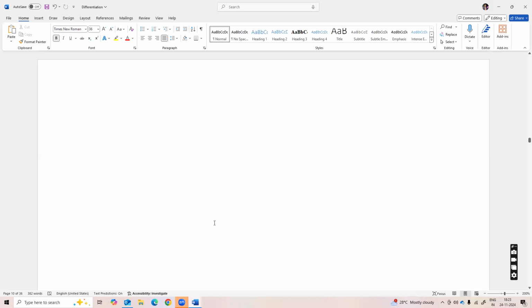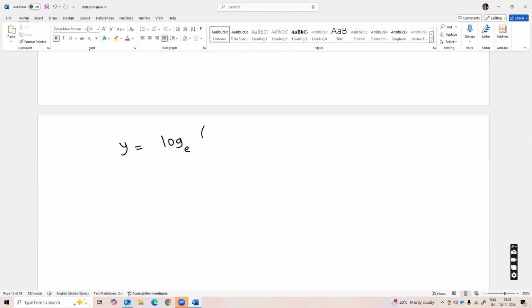Now we will try to take one more example which will have three functions. Let's say y is equal to log e of sin of e to the power x. Here even in sin x, whatever is inside the sine is also a function of x, and it is not simply x.